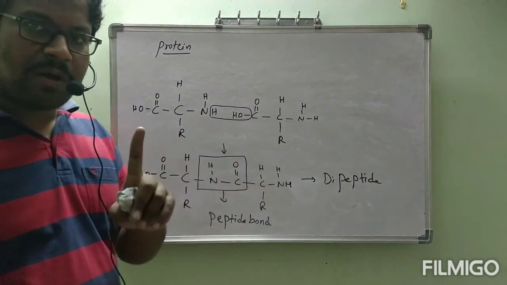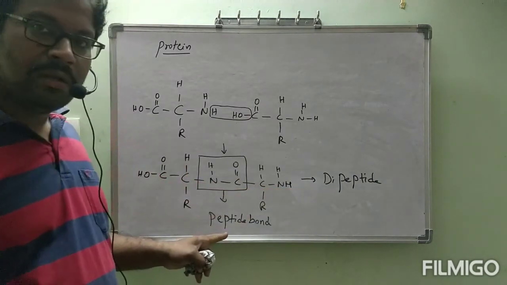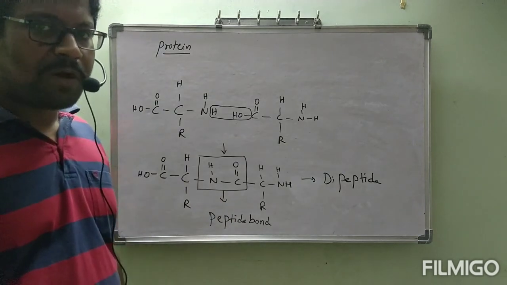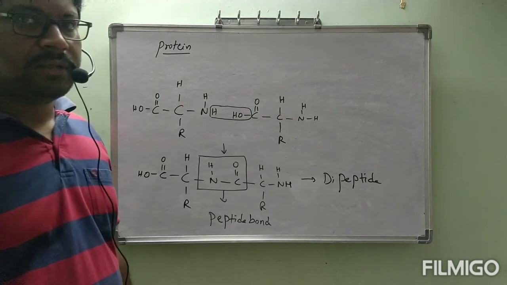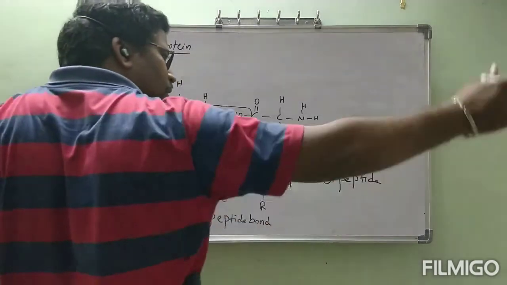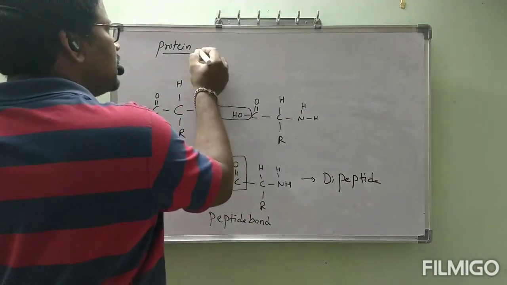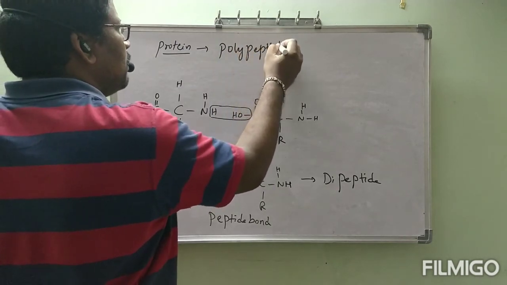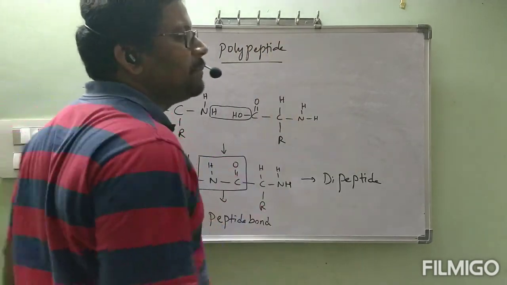Between 2 amino acids, one peptide bond. Between 3 amino acids, we have 2 peptide bonds, that is tripeptide. Like this, polypeptide. Protein is nothing but polypeptide.